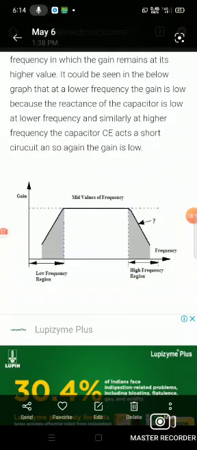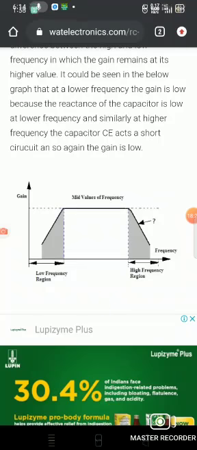calculations. Of the two frequencies, one is the lower cutoff frequency, that is, the middle frequency beginning, and the higher cutoff frequency is considered the middle frequency region end.